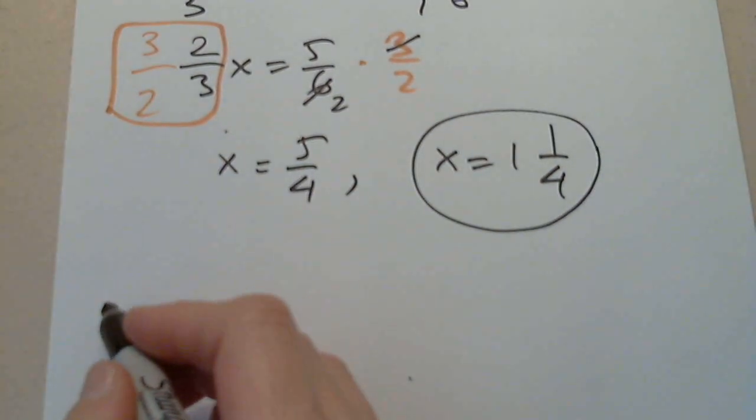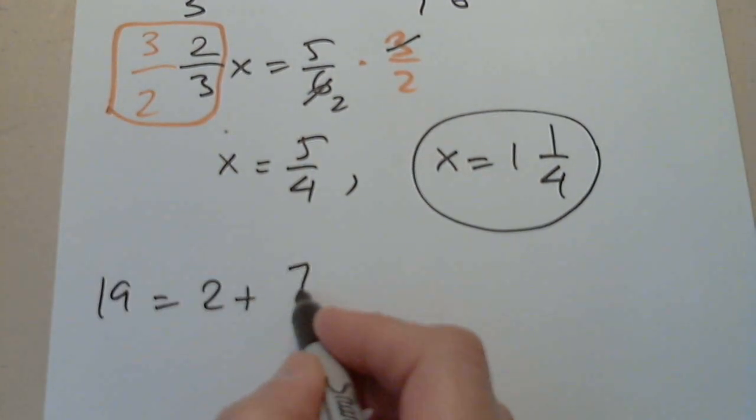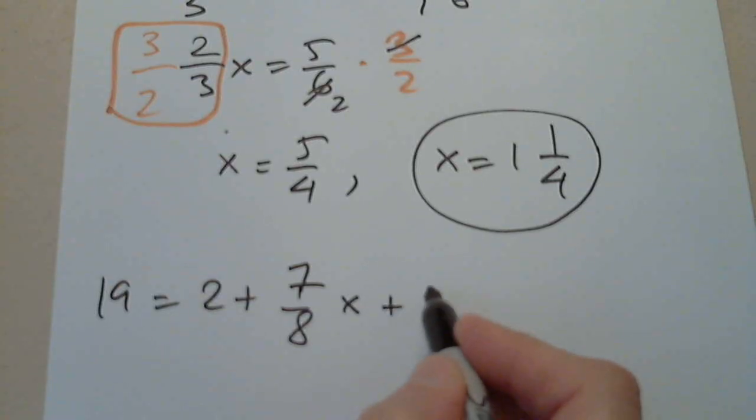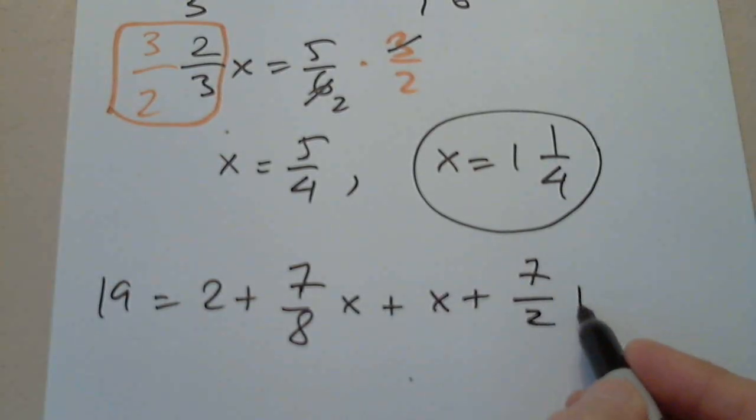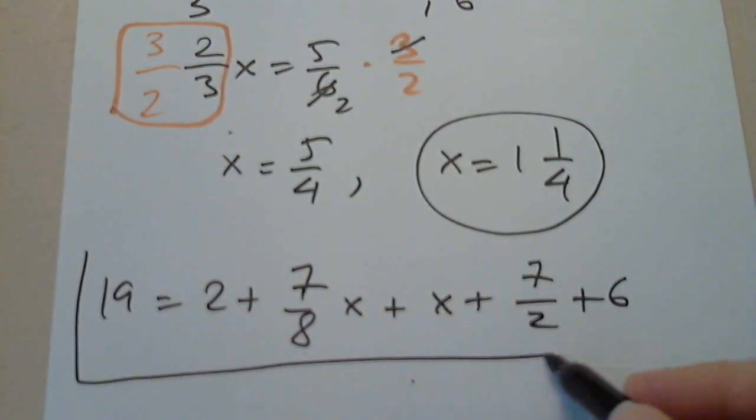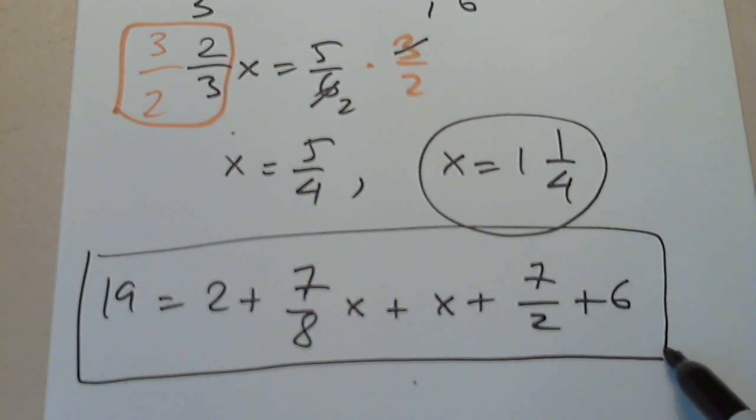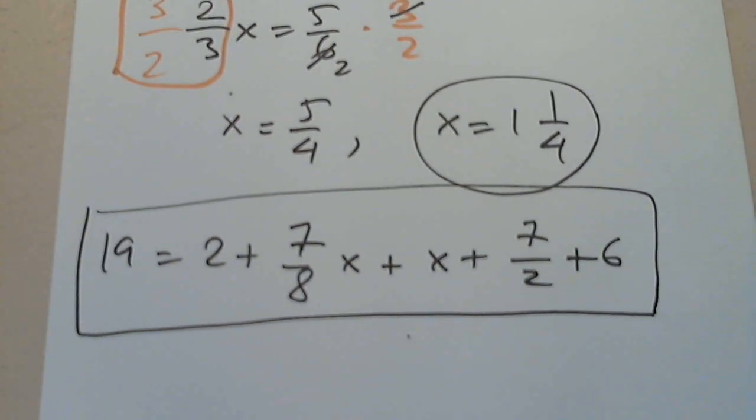Okay, another equation. 19 equals 2 plus 7/8 x plus x plus 7/2 plus 6. You can say this is a big equation. Not really. It looks like it, but let's think for a moment.